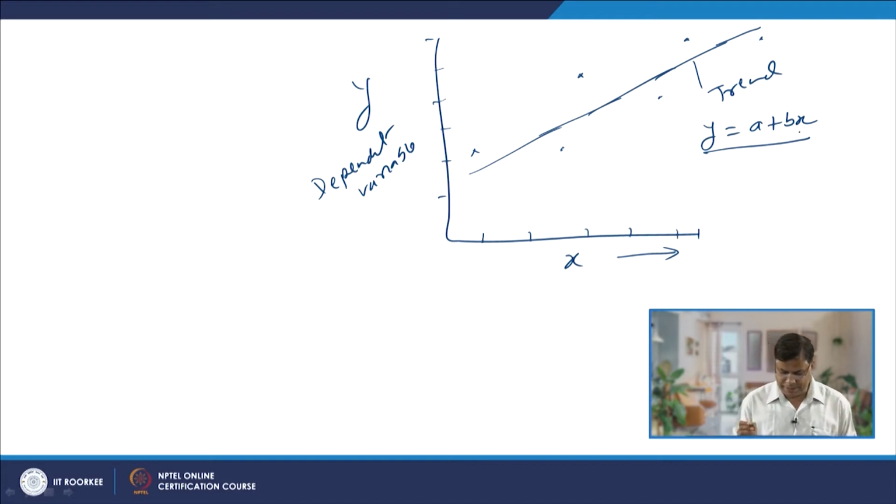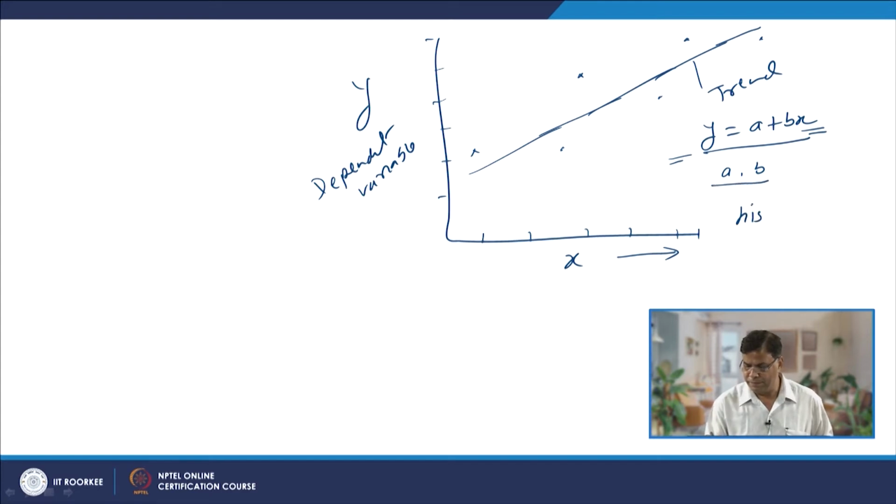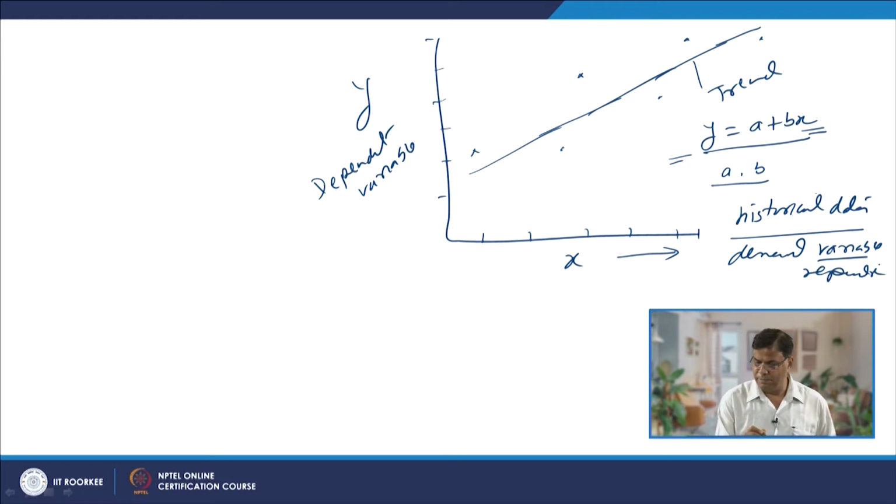Here x is the independent variable and y is the dependent variable, and a and b are the coefficients which are determined based on the historical data of demand or the variable and the response, which is the historical data of y and x.